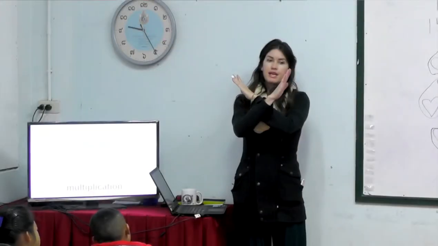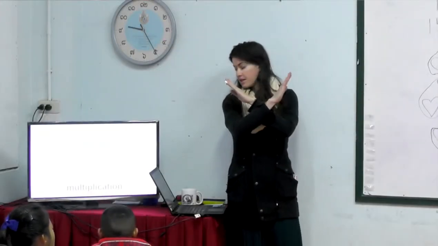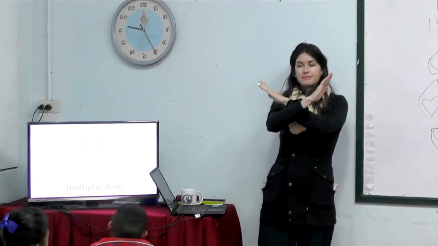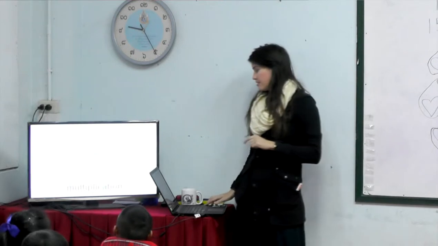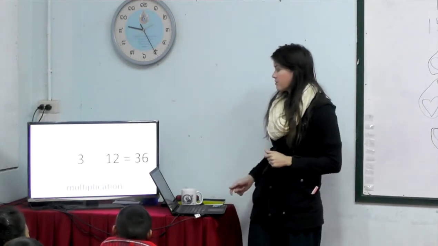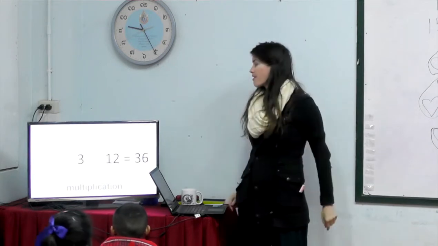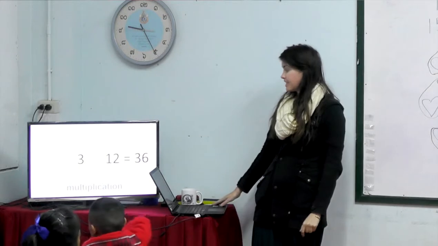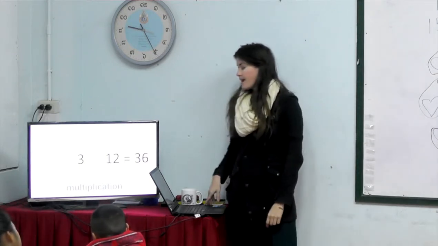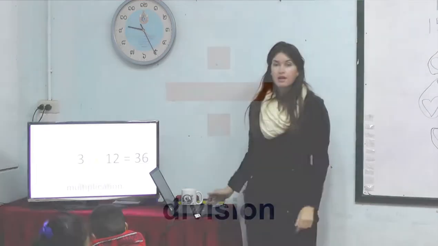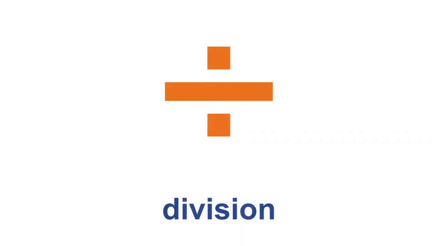This is our multiplication sign. Everybody show me multiplication. Times. Very good. And when we see that, we know that we're going to do times. Like 3 times 12 equals 36, yep. And the opposite of times is our division sign. Division.